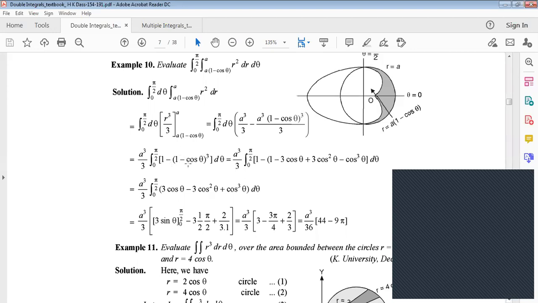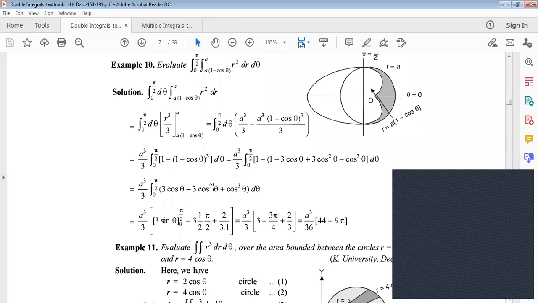This means the formula for a minus b whole cube: a cube minus 3 a square b plus 3 a b square minus b cube, right? Just putting the a minus b whole cube formula, we get this one. 1 will be cancelled, and just taking integration, the integration of cos theta will be sine, and cos square integration will be what?